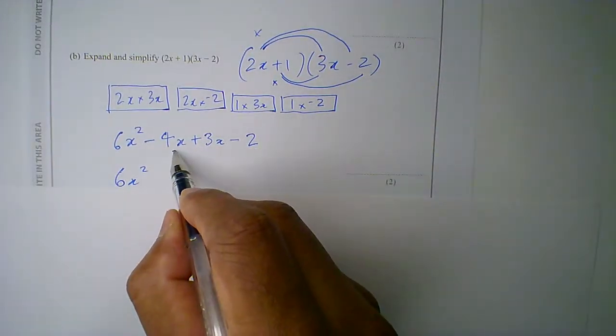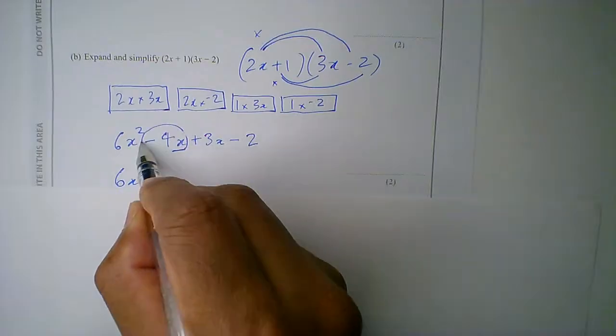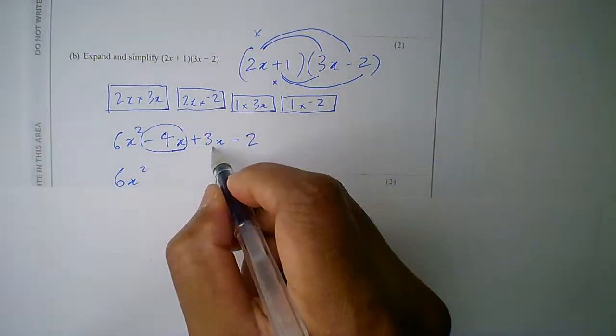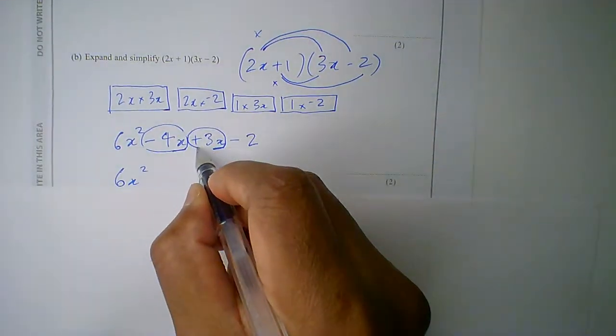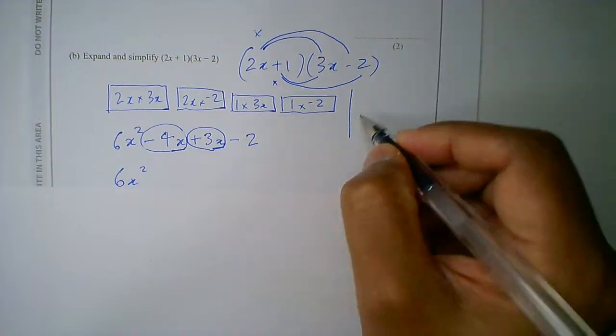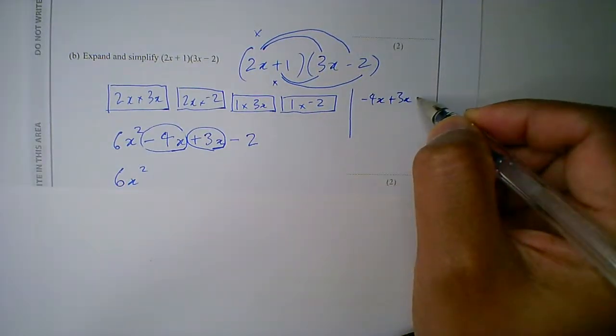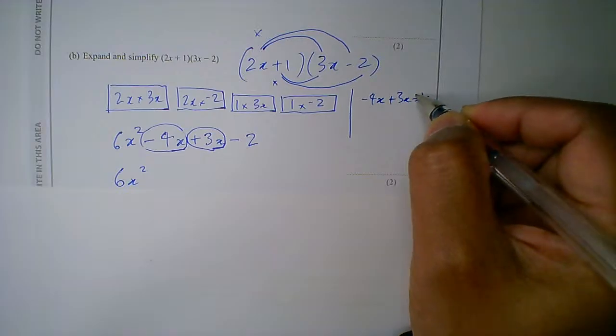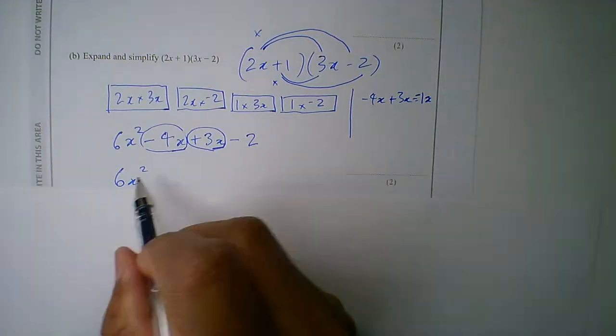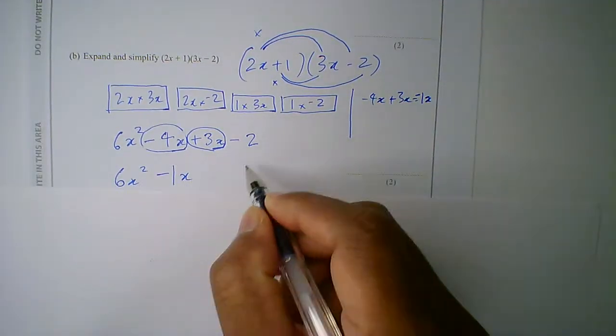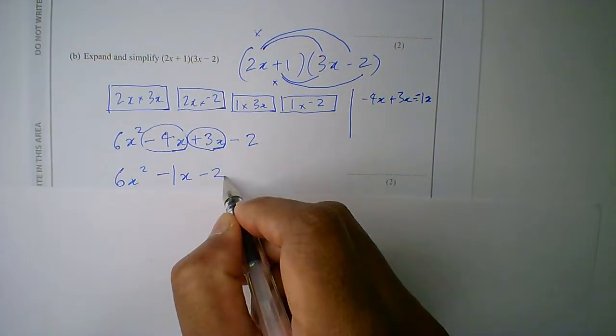We've got x here, x term, so that's minus 4. And we have another x term here, so it's plus 3. So my working out here is going to be minus 4x plus 3x. That gives me minus 1x. Minus 1x, and then that's a number term, take away 2.